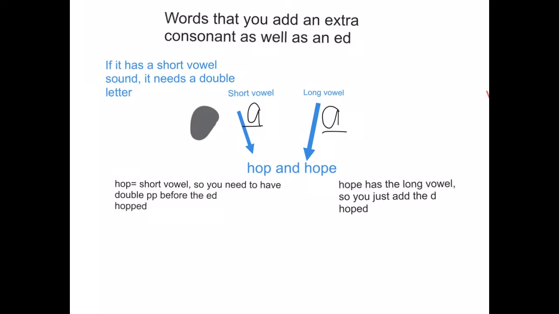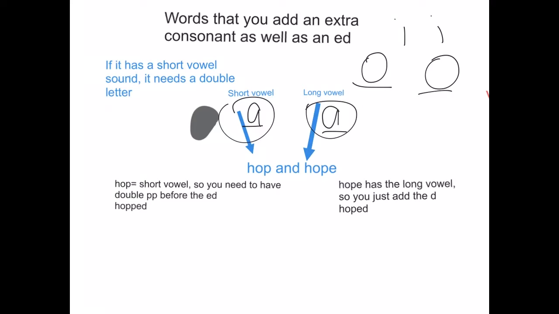The long vowel is when the A makes the letter that it is, which is the "ay" sound. Just like the short vowel for O would be "o", and the long vowel for O would be "oh". The short vowel for I would be "i", and the long vowel for I would be "eye".